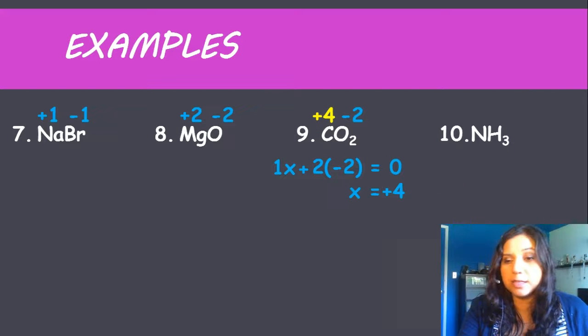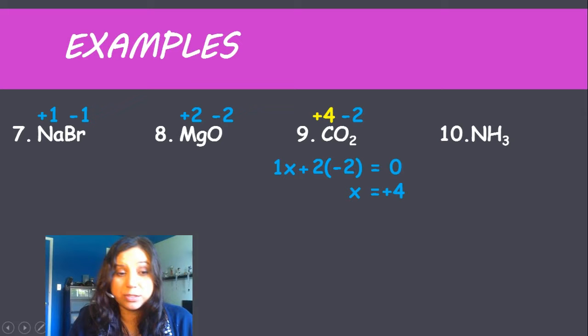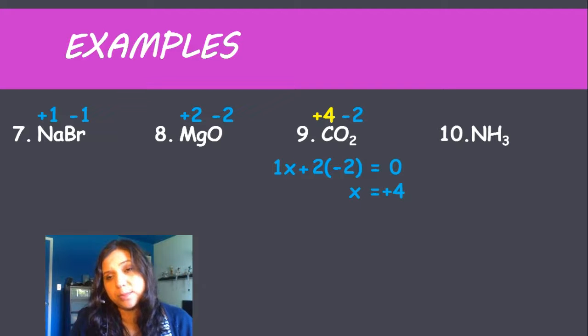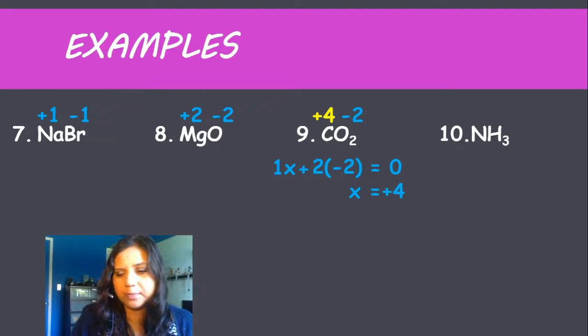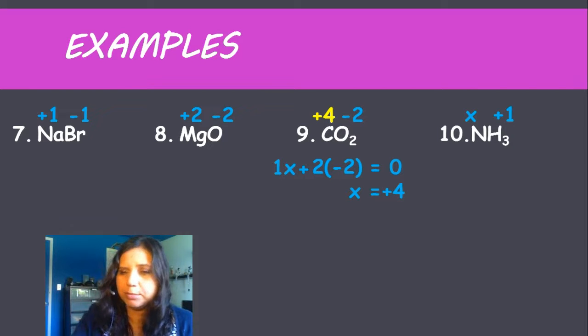All right, let's do the next one, NH3. I do not have a rule for nitrogen, but I do have one for hydrogen. And that rule is that hydrogen is usually a +1 when it's with a nonmetal. So we're going to put +1, because nitrogen is a nonmetal. All right, so then we don't know what nitrogen is. I'm just going to put X for now. You can put X or you can leave it blank.